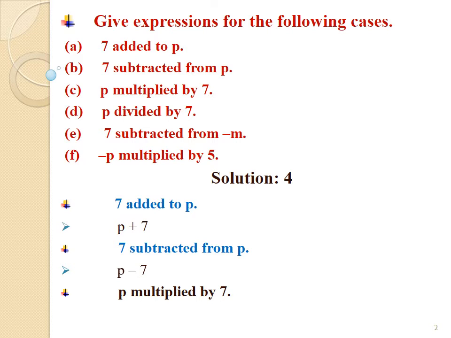Now, sum C. p multiplied by 7. Students, in this statement, the word multiplied is given to us. But we will not use multiply sign, as we know that in algebra we can ignore multiply sign while multiplying a variable by a constant.